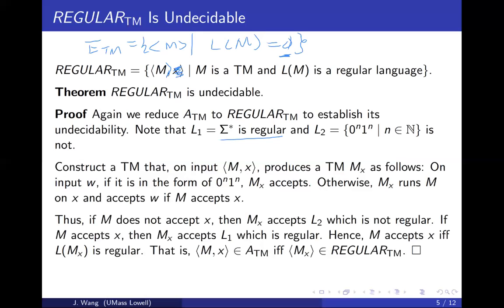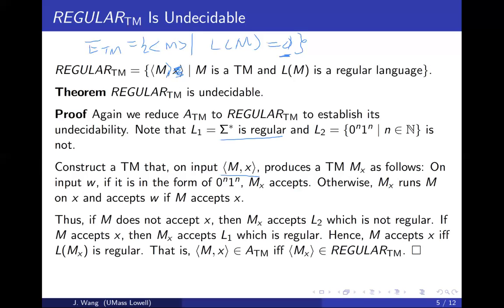We can prove it easily using an infinite fooling set, which is 0 star. Now we're going to construct a Turing machine that on input the encoding of M comma X, which we think of as A sub TM's input, produces a Turing machine, let's call it M sub X, as follows.